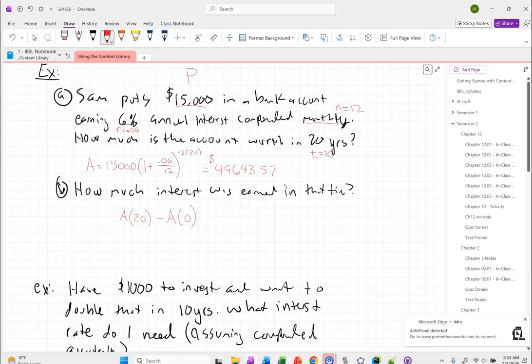Everything else, the value accrued on that would have been from the interest. So that's like our 49,653.07 minus 1,500. So almost 35,000 bucks for just parking your money and ignoring it.